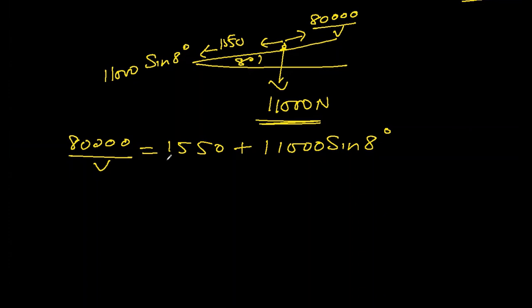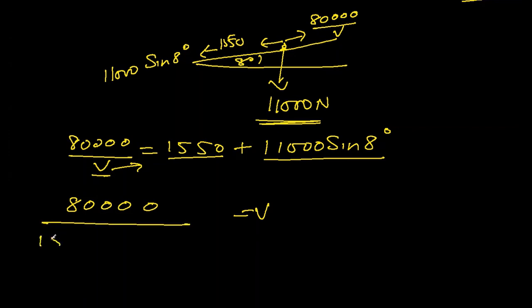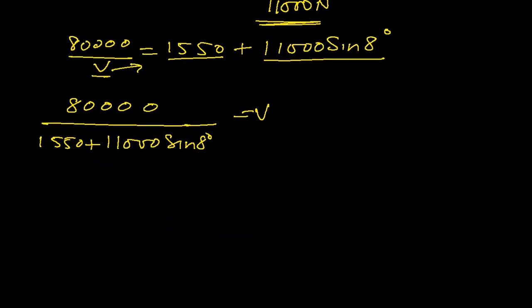So we can cross multiply. V will come here, and these two, 1550 and this 11,000, will go down, exchange place with V. 80,000 divided by 1550 plus 11,000 sine 8 degrees, and we can put this in a calculator and we'll get our velocity.